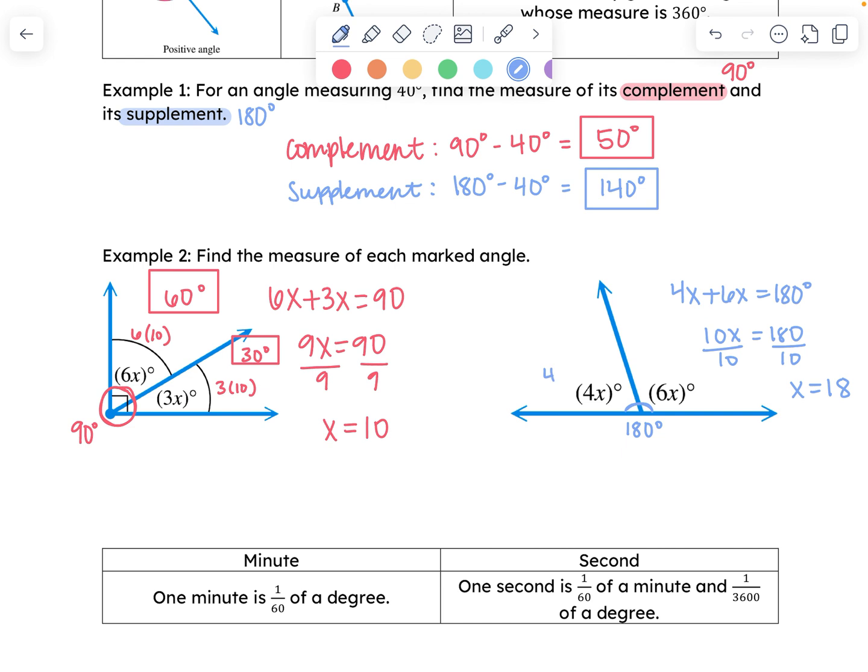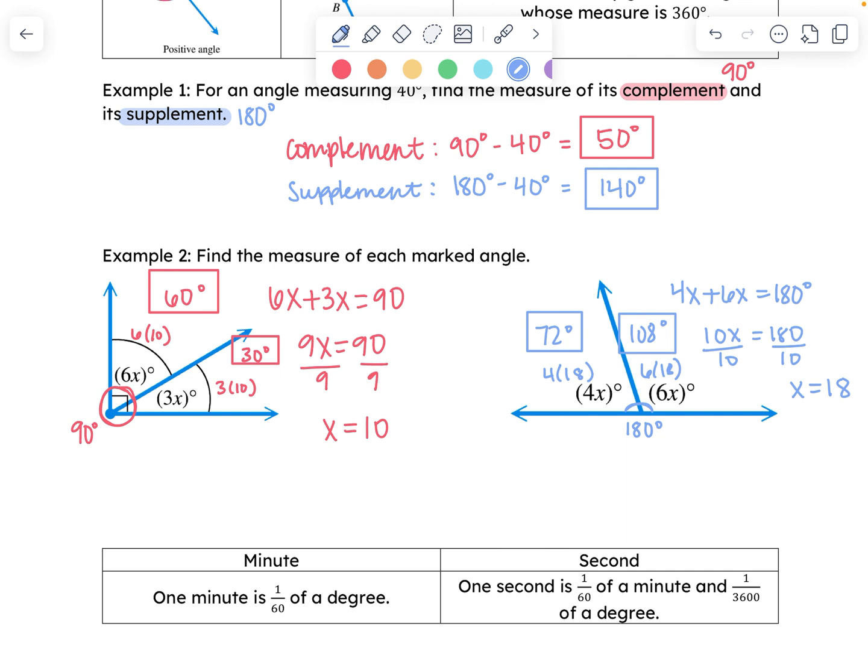So over here, 4 times 18 is going to give me that the first 4x angle is 72 degrees. Then over here, 6 times 18 gives me that the second angle is 108 degrees. So those are two examples that are kind of review from geometry.